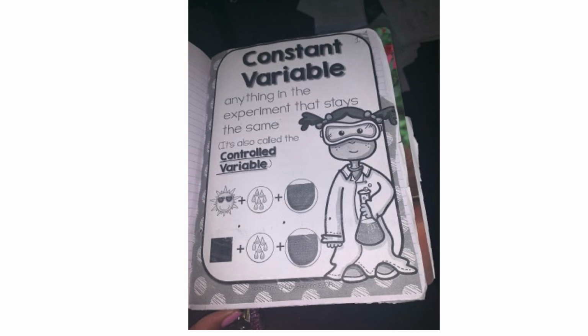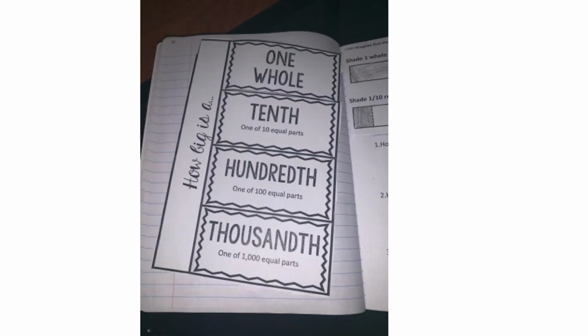Constant variable. Anything in the experiment that stays the same, it's also called the controlled variable. Again, having it all in the notebook helps students be able to come back and refer to it. How big is a 1 whole, 10th, 100th, 1,000th?